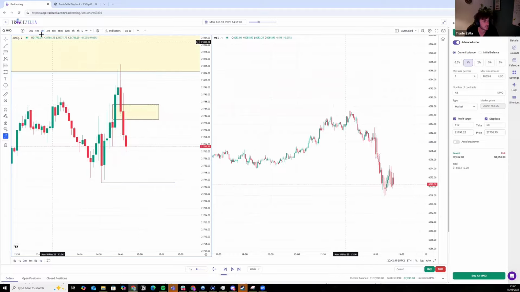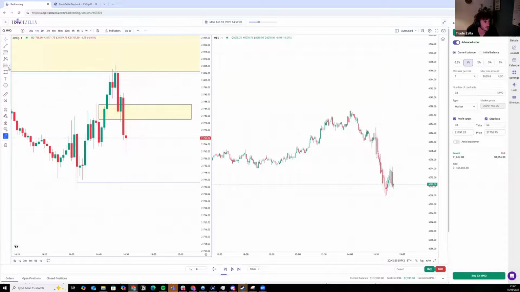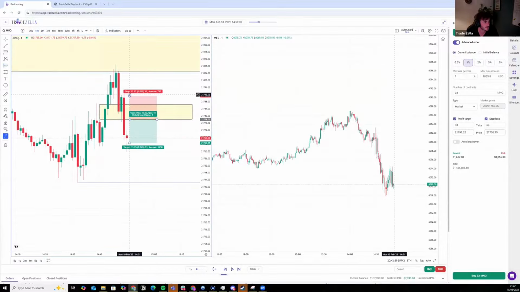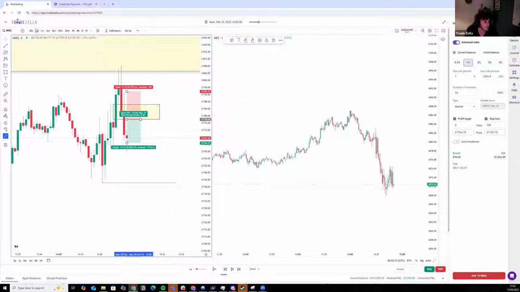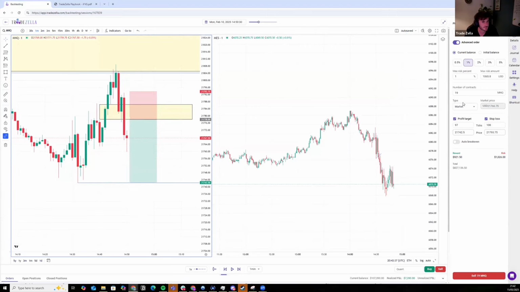Okay, so we do. We miss our entry though. So this would be our entry here on the retest, and then our target would be down here. So limit sell.